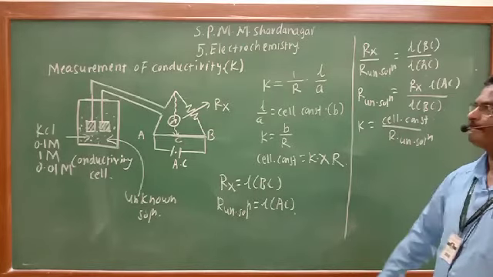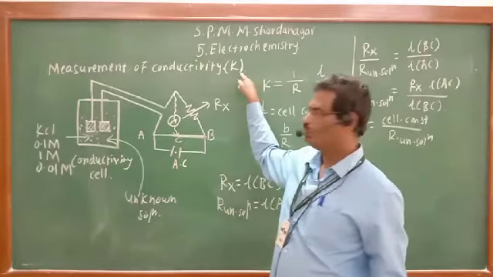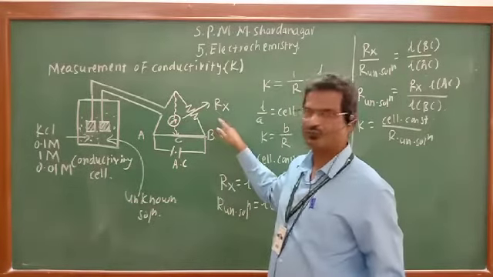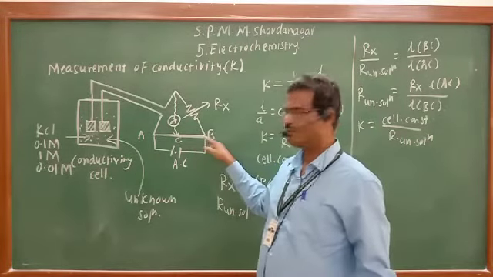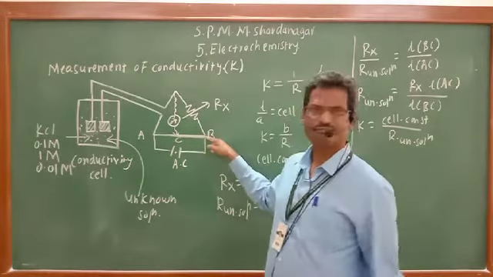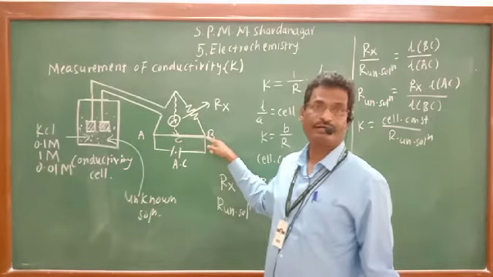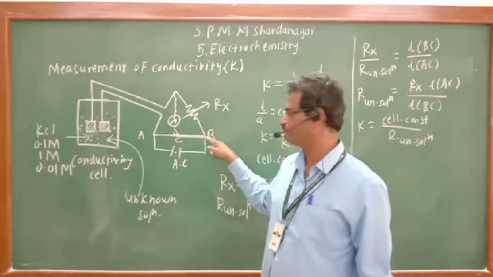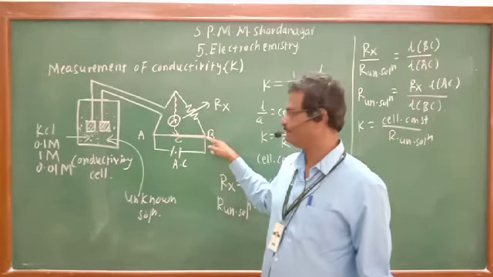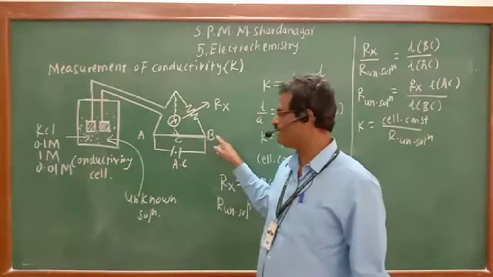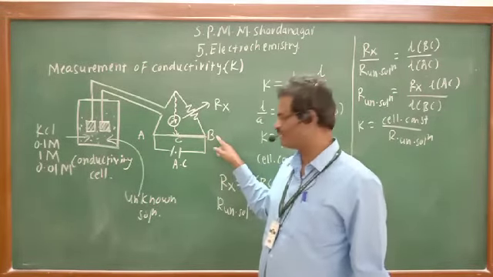See it once again. Measurement of conductivity can be performed with the help of apparatus known as conductometer. It is the Wheatstone bridge method. Conductometer is based on Wheatstone bridge principle. It contains wire AB of uniform thickness, uniform resistance and conductance.